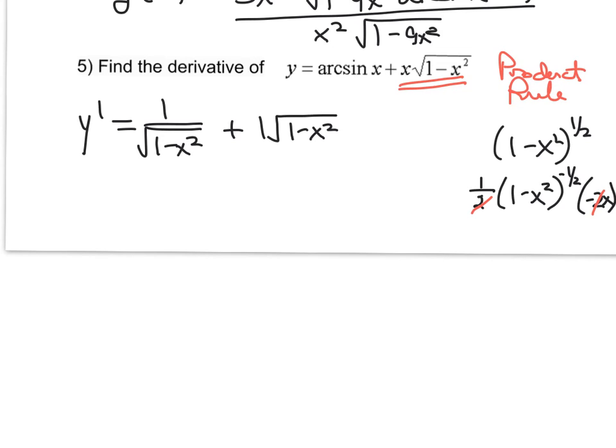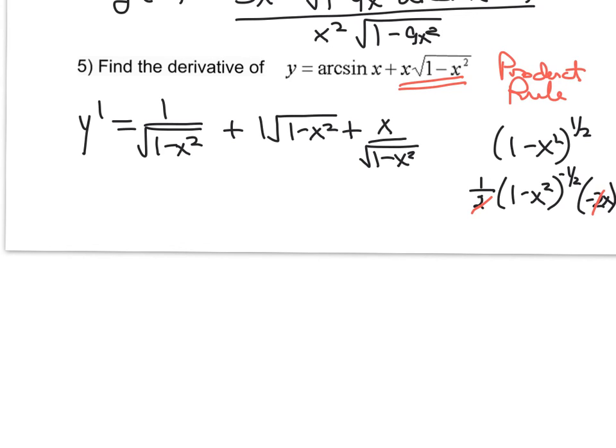So recapping here, I've got the derivative of arcsine was right here. I started my product rule by saying the derivative of the first times the second. And then I want to add on the derivative of the second. So that's what I went off to the side to do. So that's going to be x over the square root of 1 minus x squared.